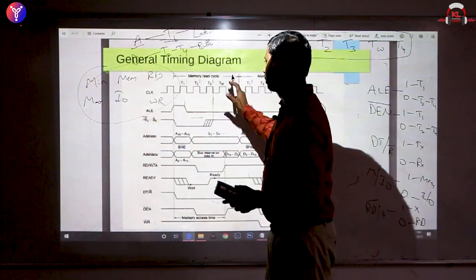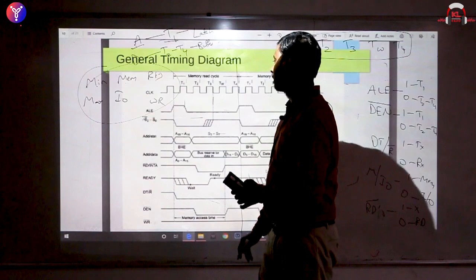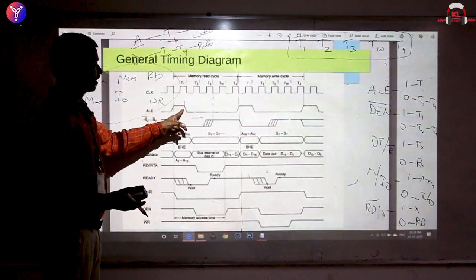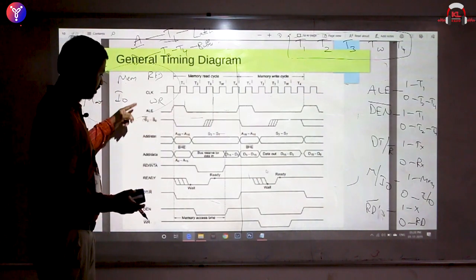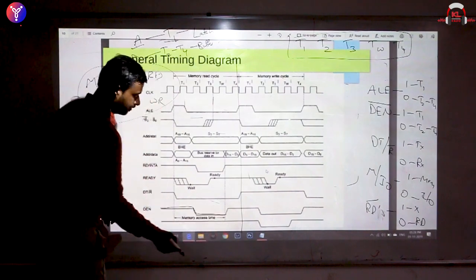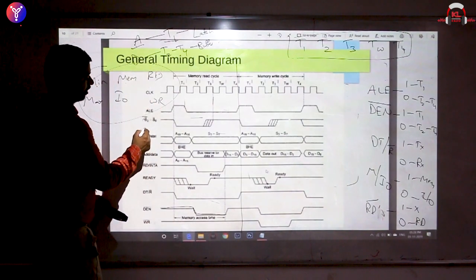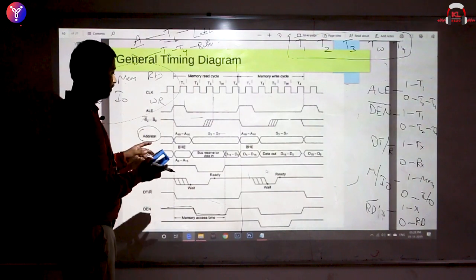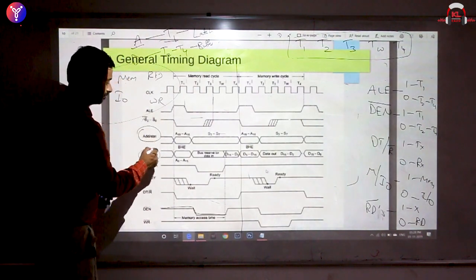So you have a clock, so maybe you can look at this half of the diagram. We have a clock, we have ALE working during T1, rest of the time it is off, and DEN bar which is on during T1 and off rest of the time, and maybe status pins, address and data. The important part is the address and data.